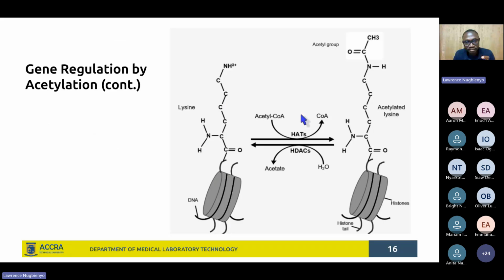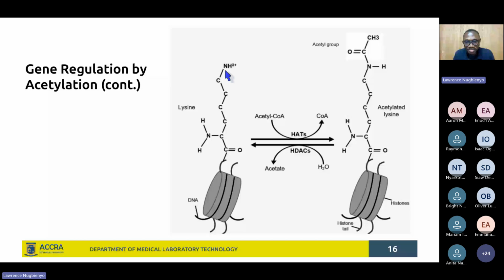So we can look at acetylation much more. So this is a histone, with these black lines wound around the histone proteins referring to the DNA molecules. And the histone is showing a lysine residue.